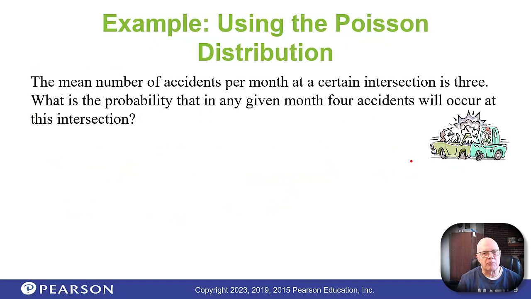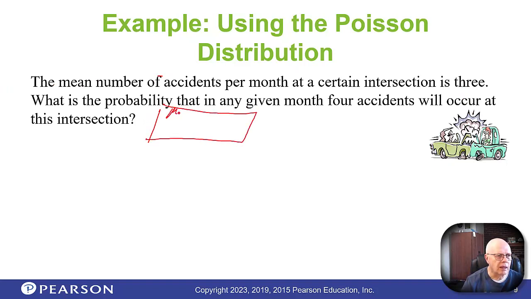So here's an example for us to play with. The mean number of accidents per month at a certain intersection is 3. So let's start our list here. So the mean is 3 accidents per month.